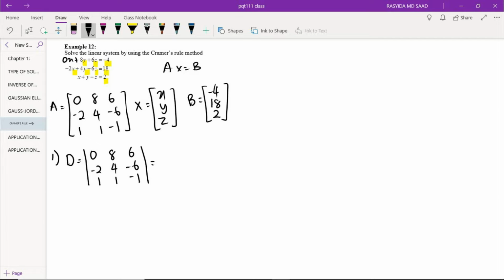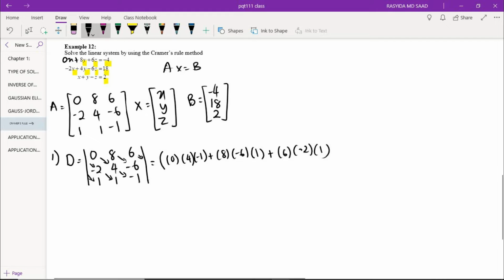Okay, so 0 times 4 times negative 1 plus, this one, 8 times negative 6 times 1. Then plus this 6 times negative 2 times 1.